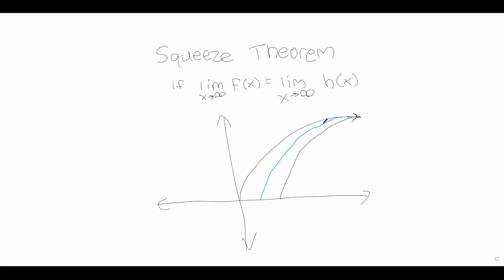We know that the blue one is never going to jump above the top function. We know it'll never go below the bottom function. That being said, we know it'll always be equal to whatever these two limits also converge to. That's it. And that's kind of relatable to what we're doing now.